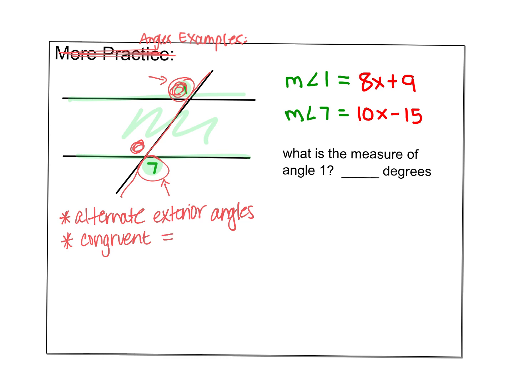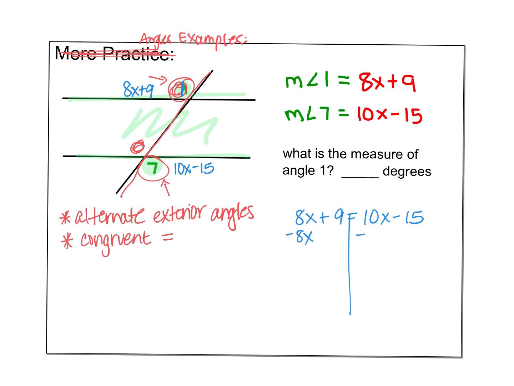So if we know that, I can label the angles here. Sorry, the 1 kind of went away. It says 1 is 8x plus 9, that's what it measures, and 7 is 10x minus 15. So I just said that they are equal, so I'm going to write an equation that says they're equal. 8x plus 9 equals 10x minus 15. I'm going to draw my line down, and now I'm going to solve this.